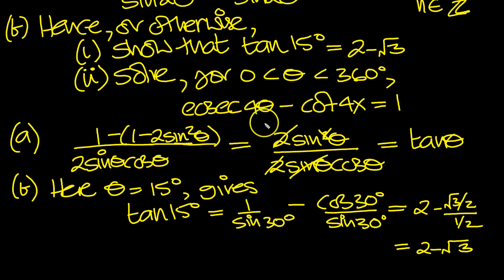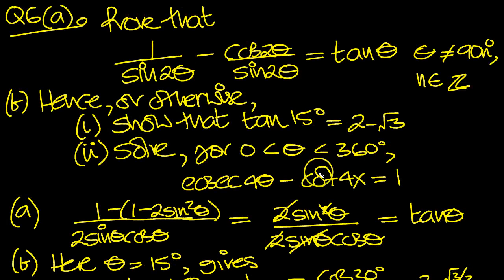And then we need to solve this trig equation, cosec 4x minus cot 4x equals 1. So cosec 2 theta is 1 over sine 2 theta, and cos 2 theta over sine 2 theta is cot 2 theta.